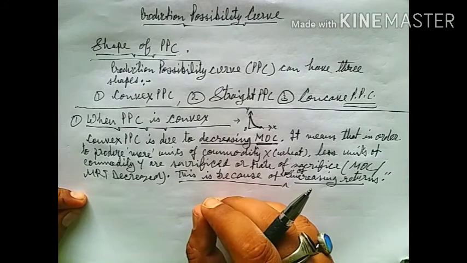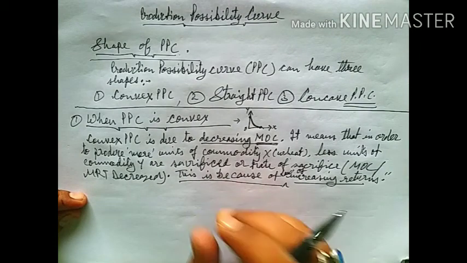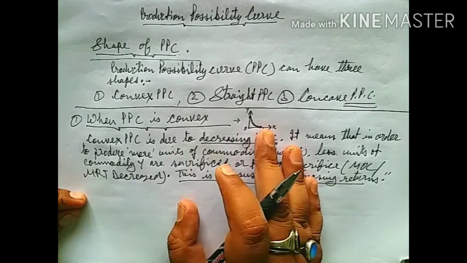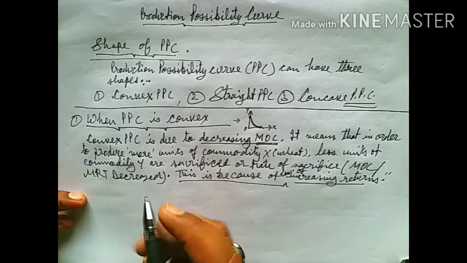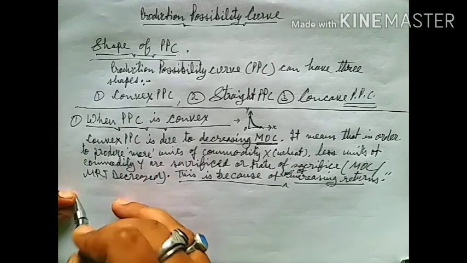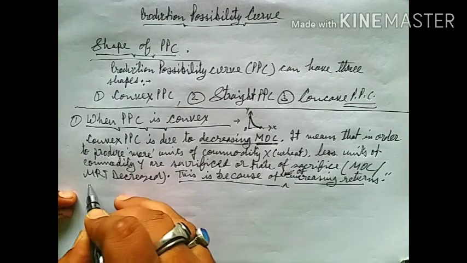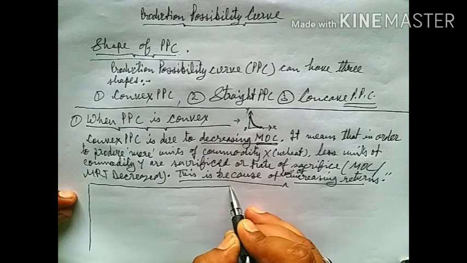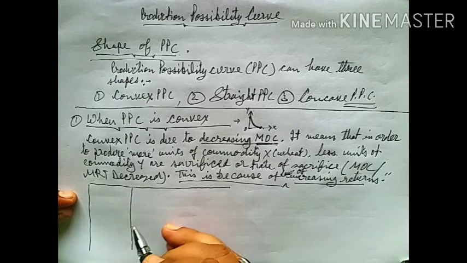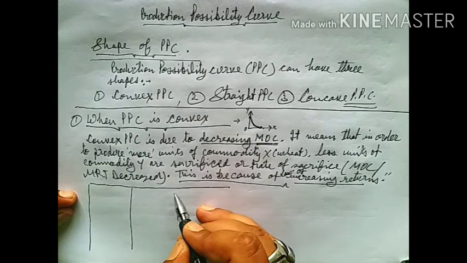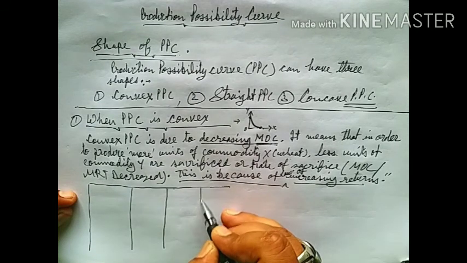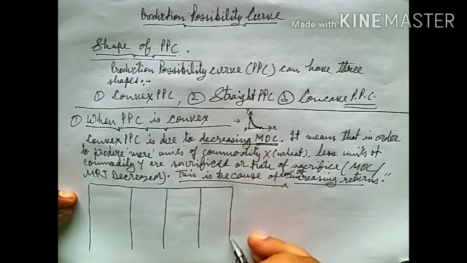Now, with the help of our schedule and the graph, I am going to explain this convex shape. So here, this is the schedule. This is for combinations, this is for commodity X, this is for commodity Y, and this column is for MOC.